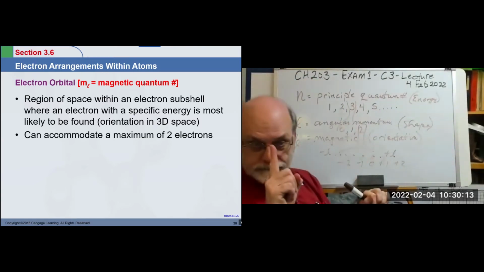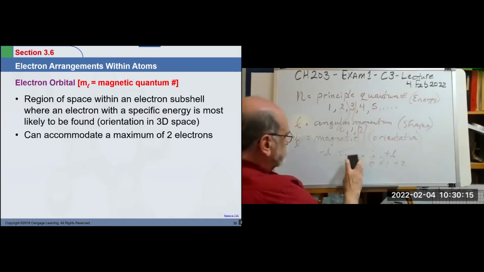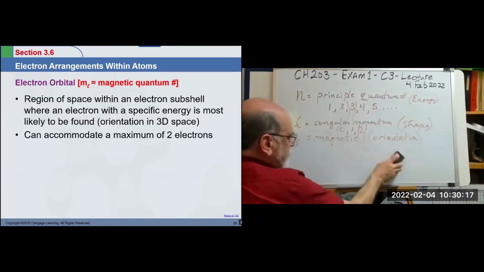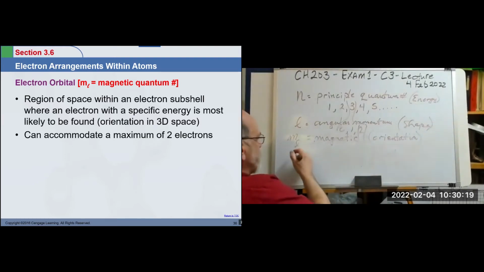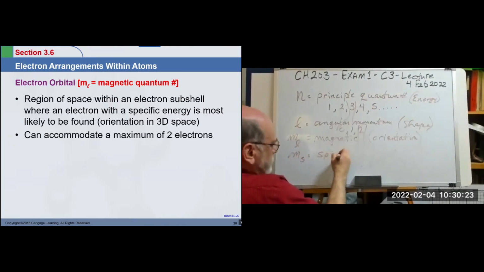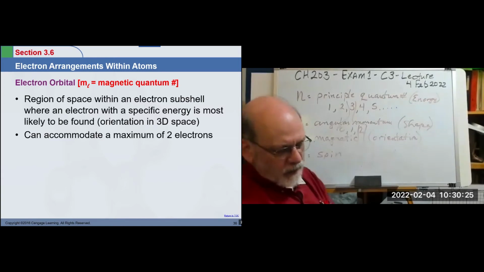Now we have one more. M sub S equals spin. The spin quantum number is simple.